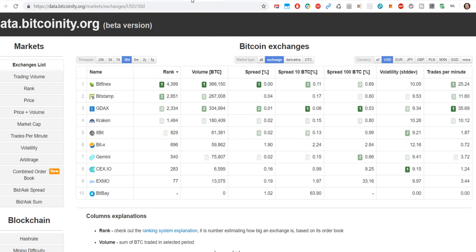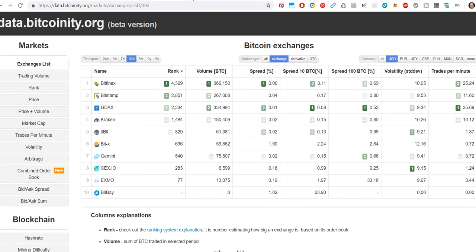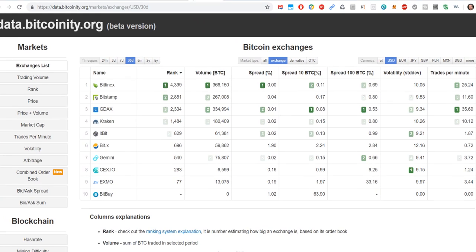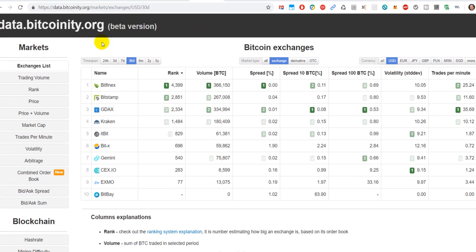I mean, it's something which you can see on, let's say, CMC, Coin Market Cap, but it's specifically focused on Bitcoin and not other tokens or coins, so it's more specific.